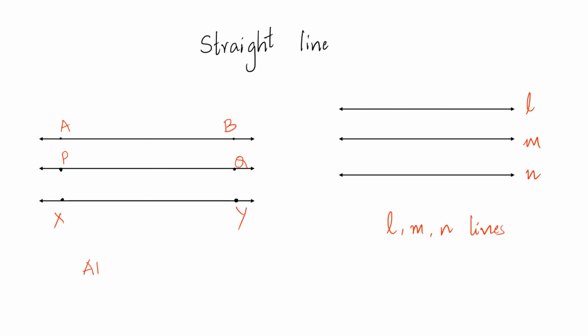For the notation of a straight line, I should write AB. On the top of AB, I should place the symbol to represent the straight line. XY. So if I write like this, it indicates that XY is a straight line. PQ. You can call it a notation also. Notation of a straight line. This is another way. Small l, m, n. I can call l, m, n lines.